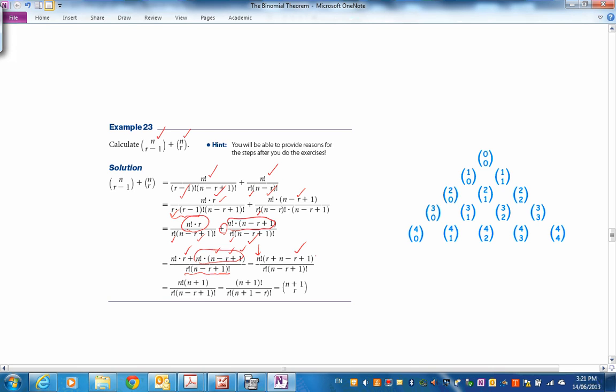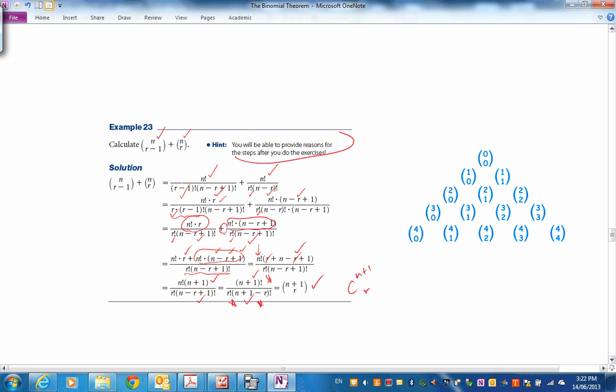And so if you work this out, they cancel. That's n plus 1 by n factorial over this. So that's n plus 1 factorial by n plus 1 take r factorial. Oh, that is the definition of C n plus 1 r, because it's n plus 1 factorial over r factorial times the difference. Fairly complicated proof.